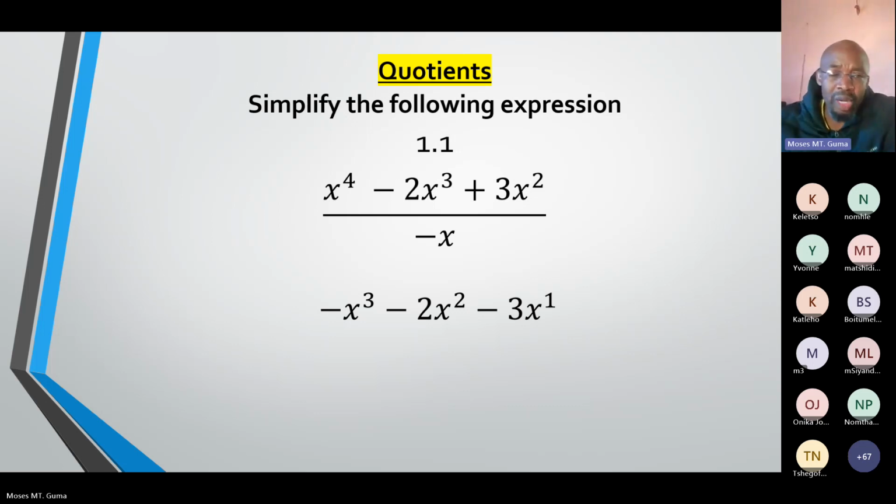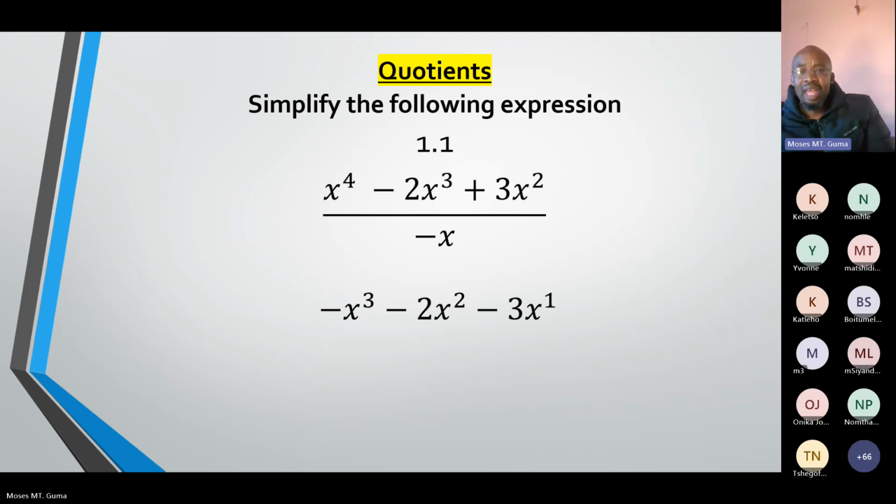Remember laws of exponents, when we divide powers with the same base, we subtract the exponents. Now, that means in this case, it would be x to power 4 minus 1. I repeat again, x to power 4 minus that 1 there. That would be x to power 3. That is where that x to power 3 comes from.